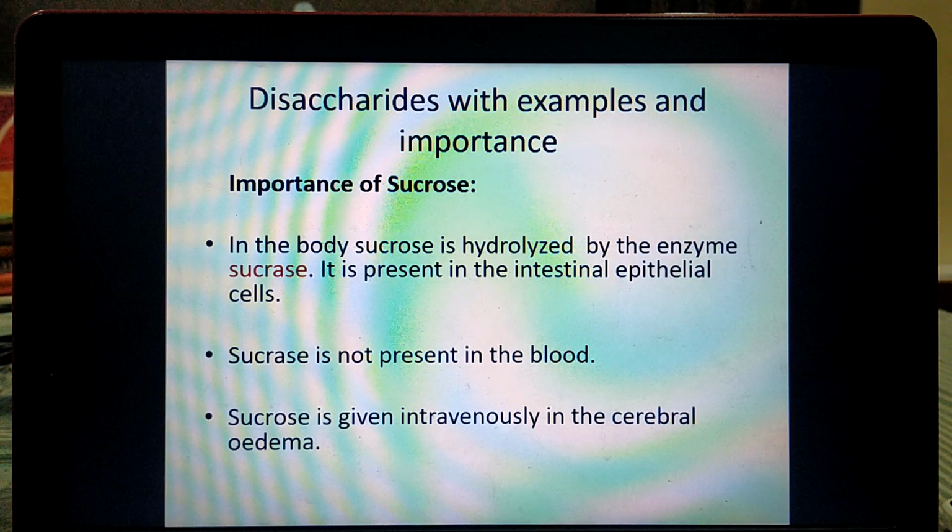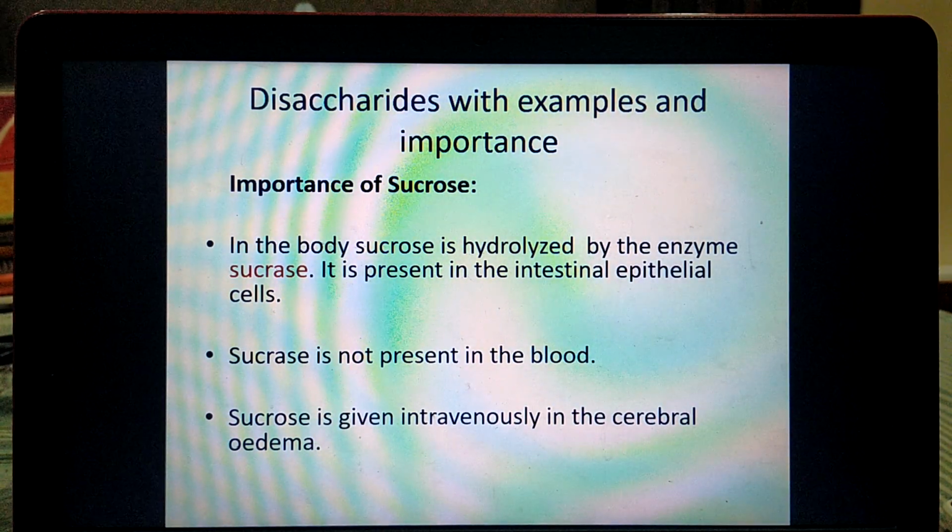Due to the presence of sucrose in the blood, it increases the osmolarity of the blood, and by the process of osmosis it drags water from the nearby cells into the blood.